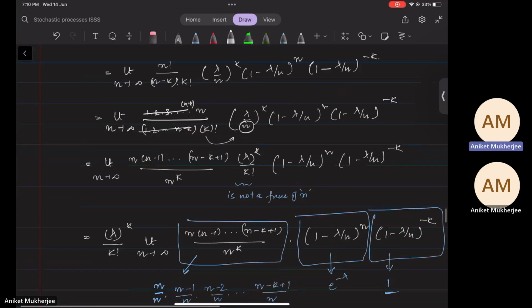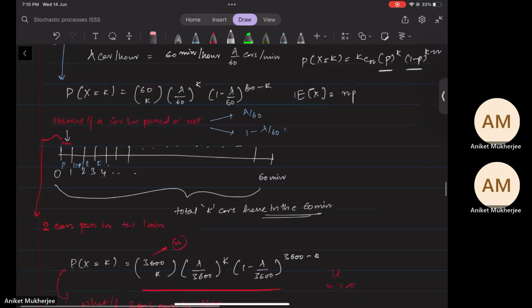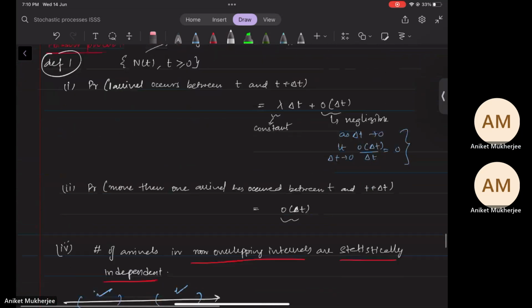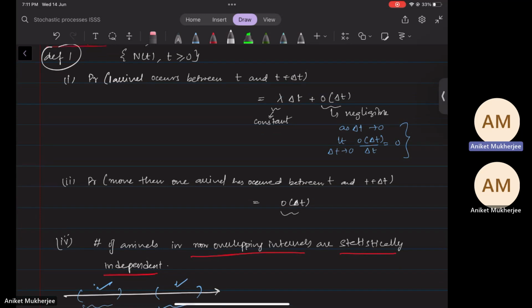Now we are using definition one. From definition one, we know the probability of one arrival occurring between t and t plus delta t is this, and the probability of more than one arrival occurring is this.